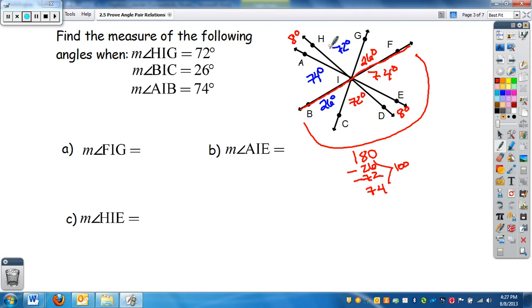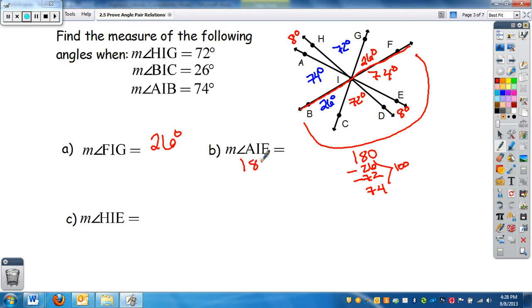Now that I have a lot of information filled in my diagram, let's look at the problem. I'm looking for the measure of angle FIG, which I already have labeled, is 26. Then we have AIE. AIE is straight across all of these. If I would add these all together, oh no, it's just a straight line.